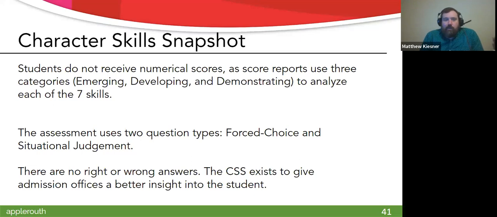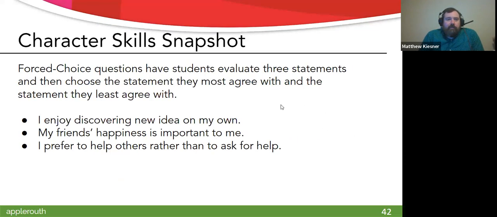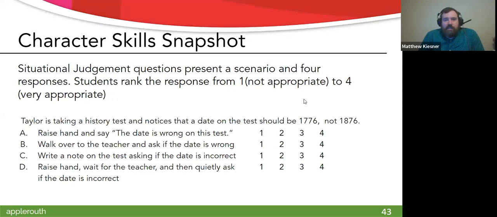And then they have these forced-choice or situational judgment questions. There's not really meant to be a right or wrong answer on there. For the forced choices, you have to choose one you agree with and one you disagree with, and none of these are terrible answers, right? It's just trying to show the priorities of the student. And then the situational judgment is like, you notice the wrong date on something, and how would you rank the order of responses?